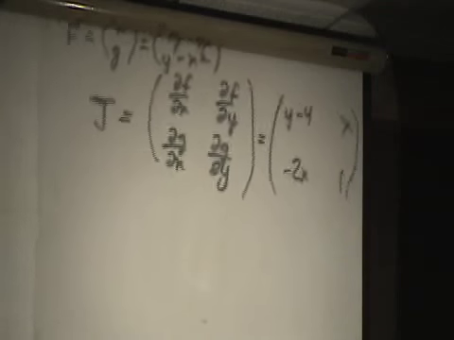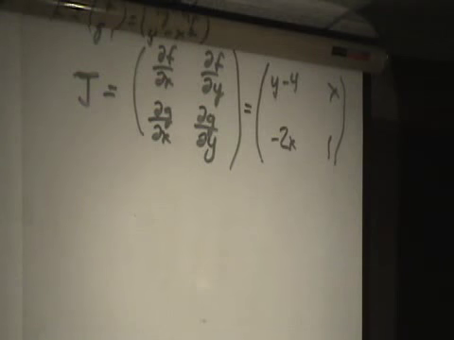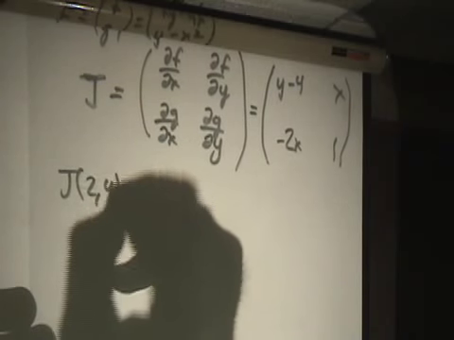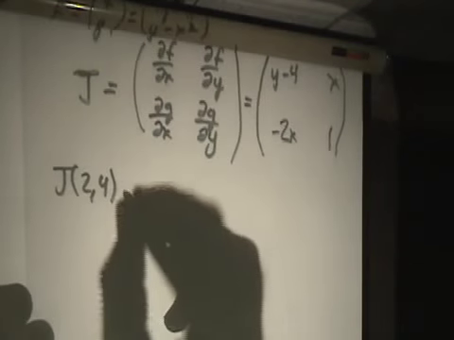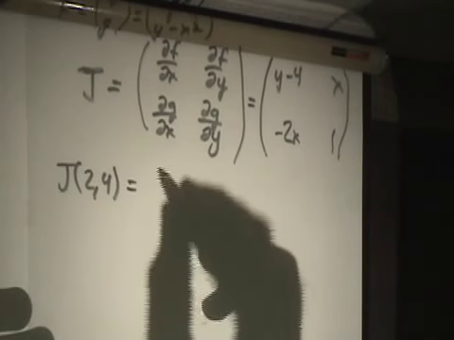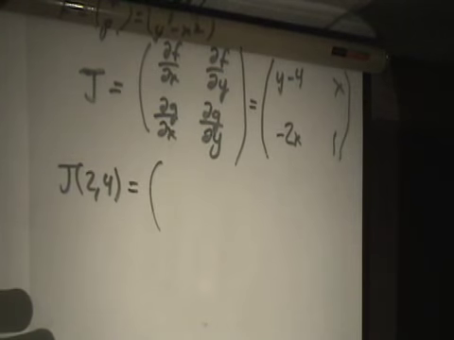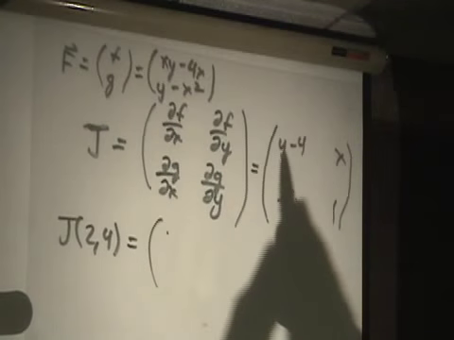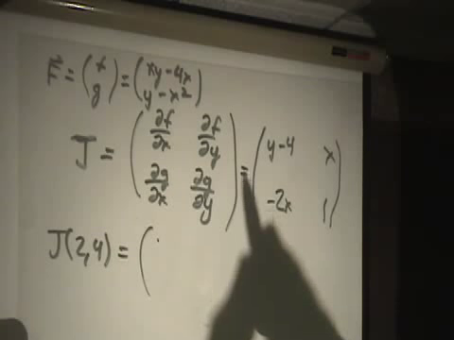What you want to do with this matrix is plug in those other two equilibrium points. And you could also do this with 0, 0. Evaluate this Jacobian matrix at the equilibrium points. If we're at 2, 4, then y is 4.